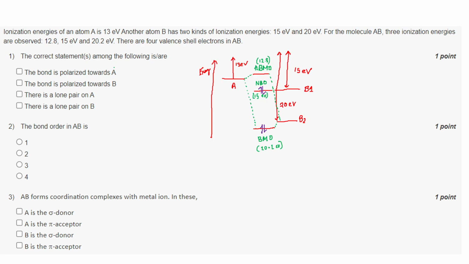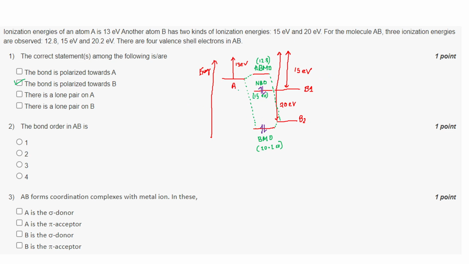Here, the bonding molecular orbital has a much more similar nature to the B atom, not A. But the antibonding molecular orbital, which is closer to the valence orbital of A, has much of the nature similar to the A orbital. That is why the bond is polarized towards B, because we are talking about the bonding molecular orbital, which is closer to B.